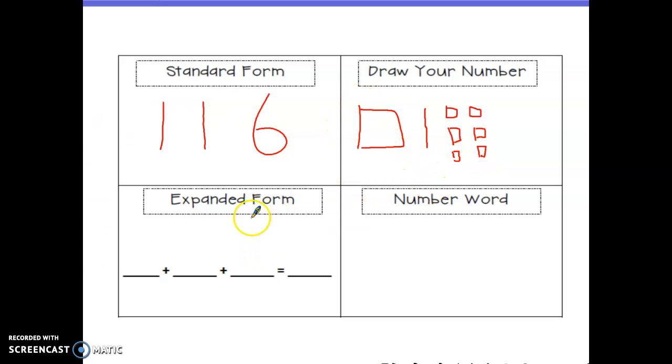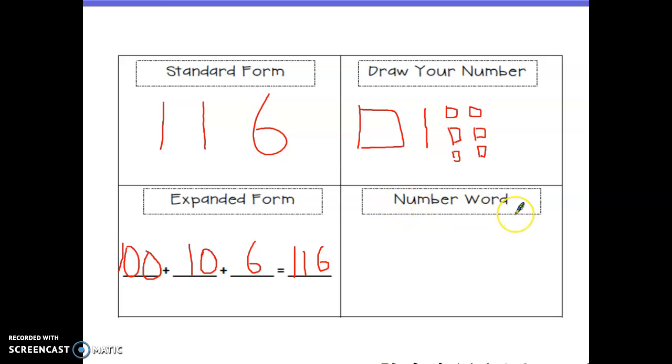Now let's look at our number in expanded form. This has a value of 100. This has a value of 10. And this has a value of 6. 100 plus 10 plus 6 equals 116.